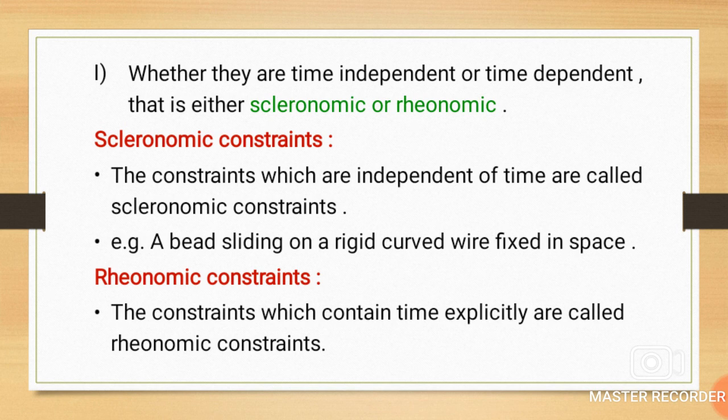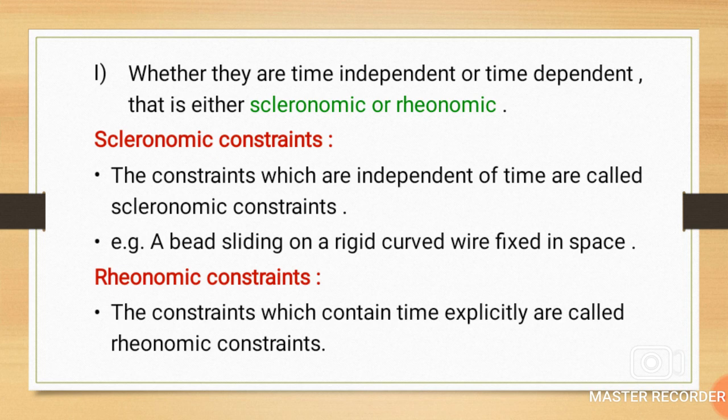Second type is the rheonomic constraint. The constraints which contain time explicitly are called rheonomic constraints. That is, in a particular system, if we consider the motion of a body or any instrument which is time dependent, then this type of constraint is known as the rheonomic constraint.